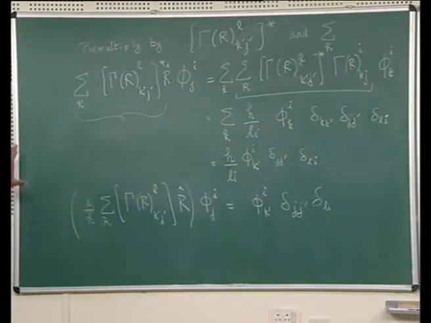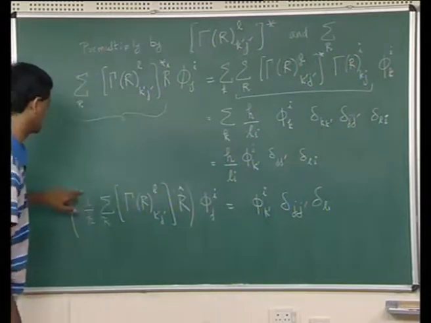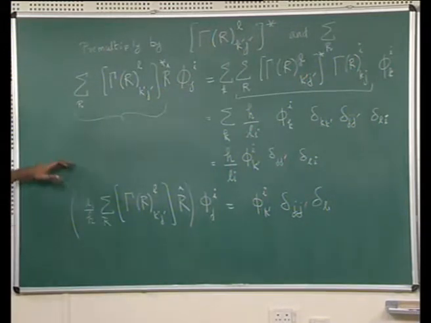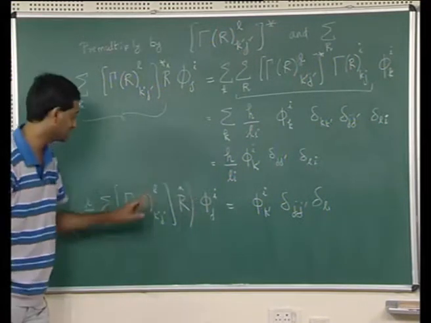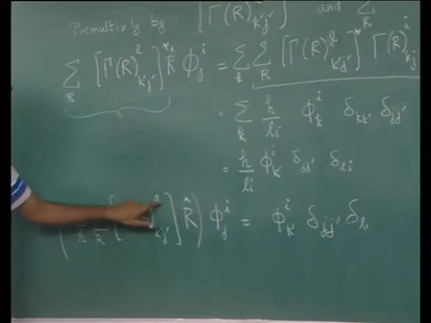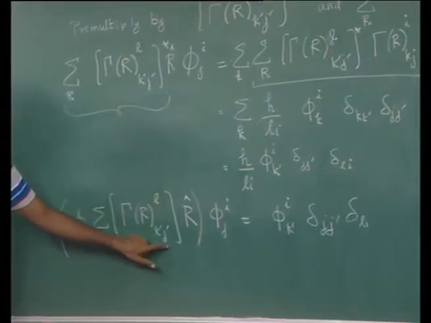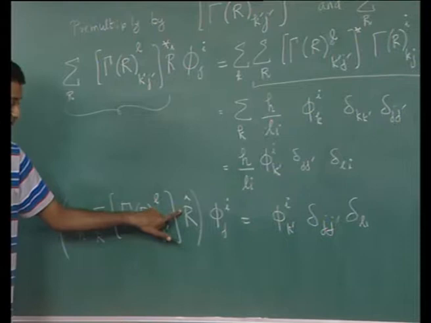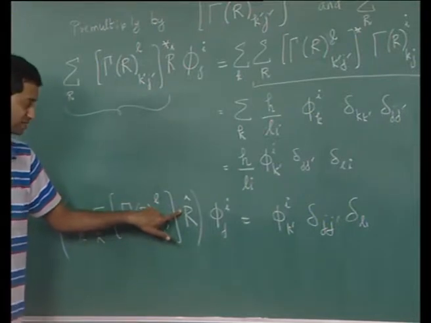Now we look at the right hand side and we take this li by h to the left hand side. Then what you have is li by h sum over r, gamma r in the nth representation k prime j prime r, which was the operation that we considered.